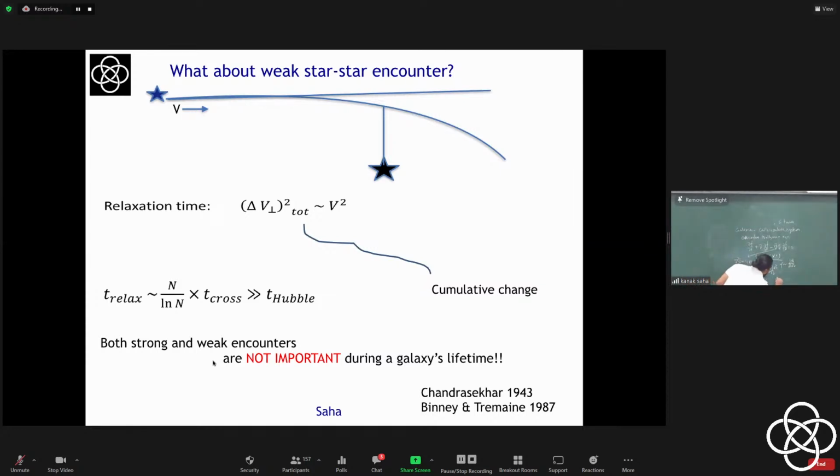Similarly, you can have sigma squared, which is the velocity dispersion, the mean of v squared minus the square of the mean velocity. The same definition goes from here: you put a v squared here, and for v, you have this one. So it's sigma squared. These quantities are observable, rather we can measure them.